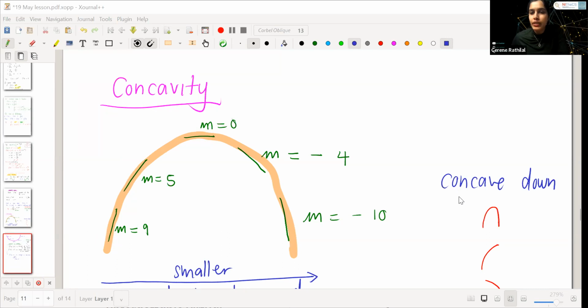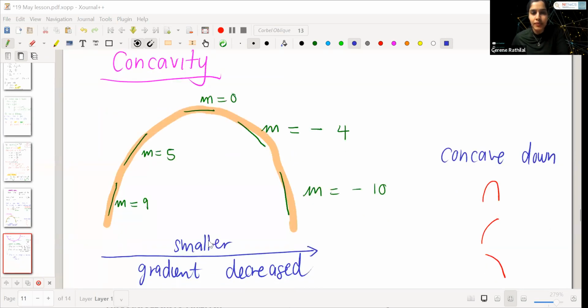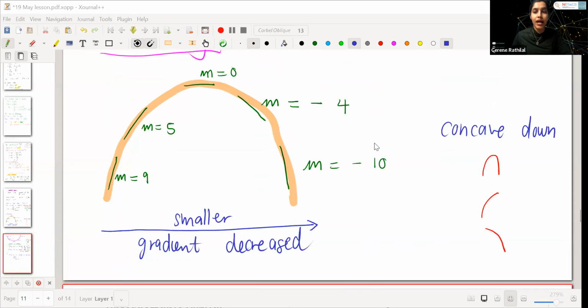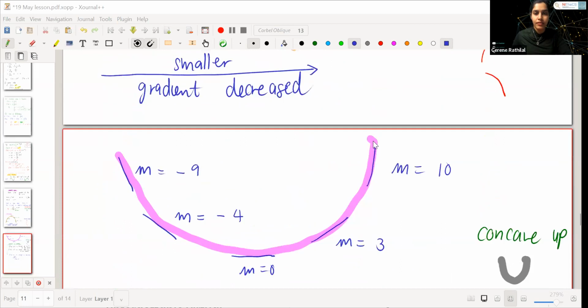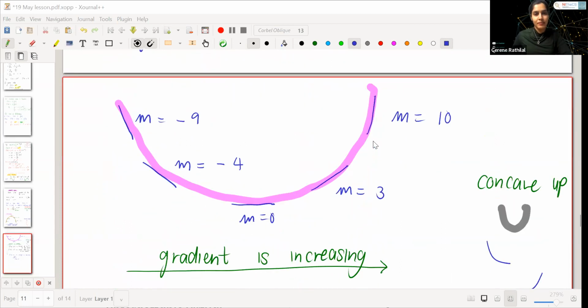So do we understand the notion of concave down? Concave down represents the following property, that the gradient is decreasing. Do we understand that? Wonderful. All right, so we've got concave down, gradient decreases. And then we've got concave up, gradient increases, right?